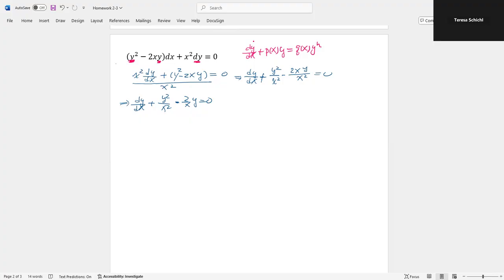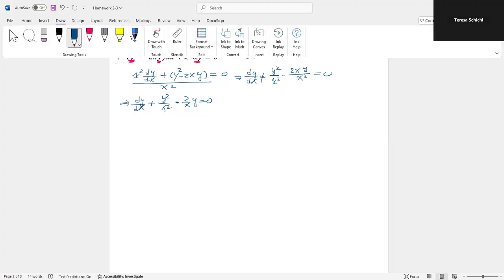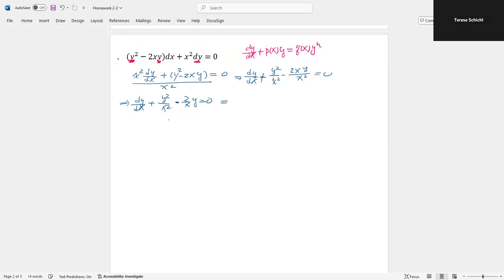So I will rearrange these terms a little bit to match my Bernoulli standard form. So dy/dx plus, so it's minus 2xy equal to the negative y squared over x squared here.